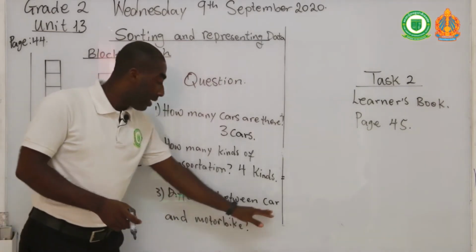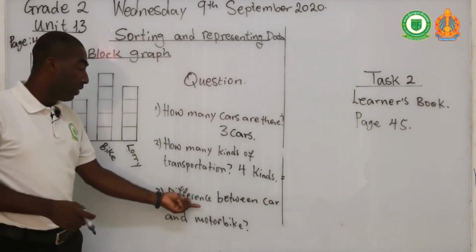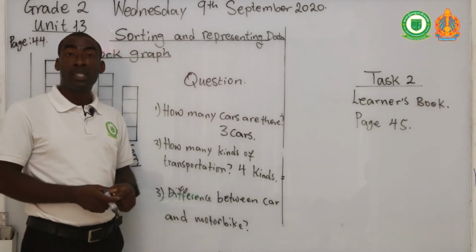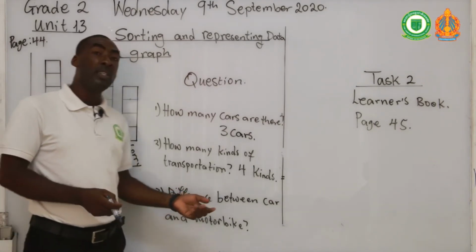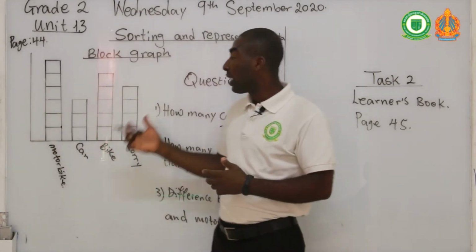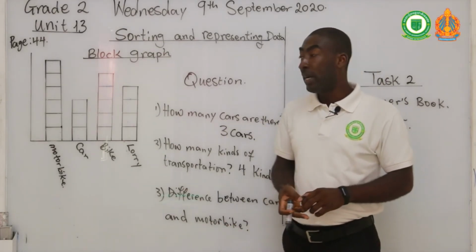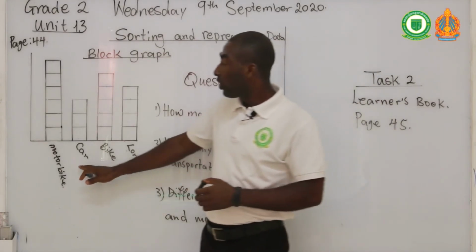Next: the difference between car and motorbike. Whenever you see difference, it means that we are dealing with subtraction. Difference means you look for the number difference between the cars and the motorbikes. Let's check the motorbikes first.